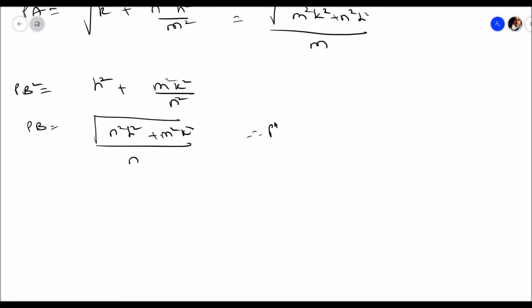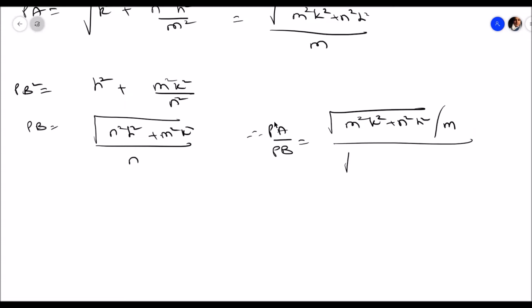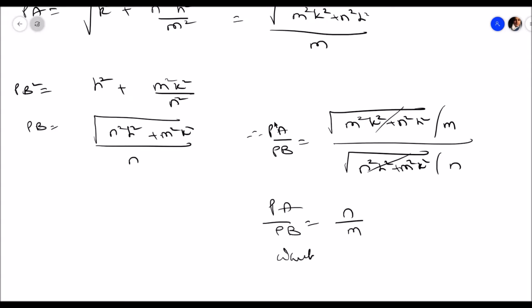Therefore PA by PB is this by this: root over m square k square plus n square h square by m, divided by root over n square h square plus m square k square by n. These two get cancelled. So PA by PB will simply be n by m, which is a constant.